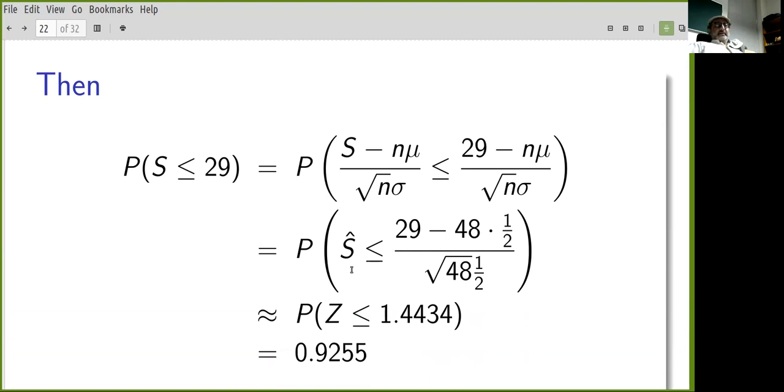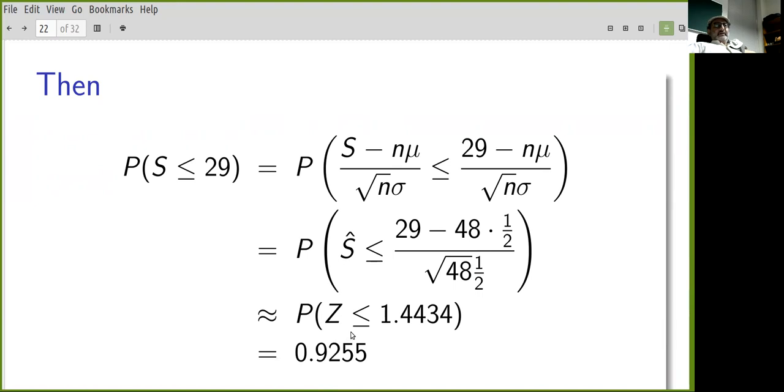So this normalized variable, that's the probability that the normalized variable is less than or equal to 29 minus 48, there were 48 questions, times the mu. Each of the X_i's had a mu equals 1/2, and root n is root of 48, and the sigma was 1/2.